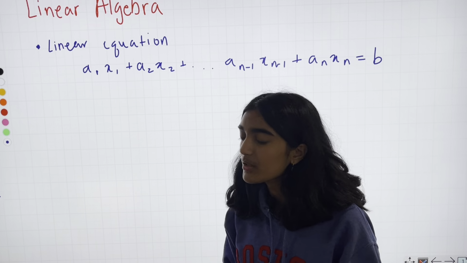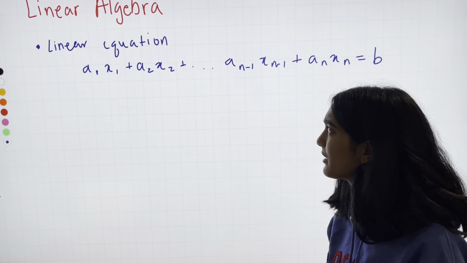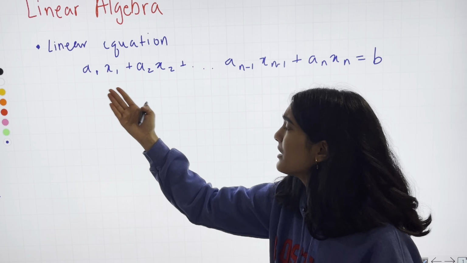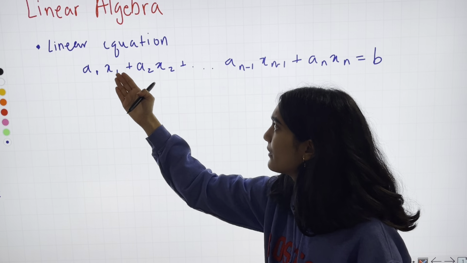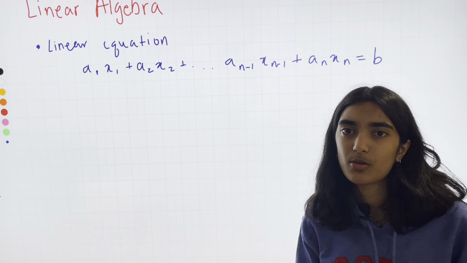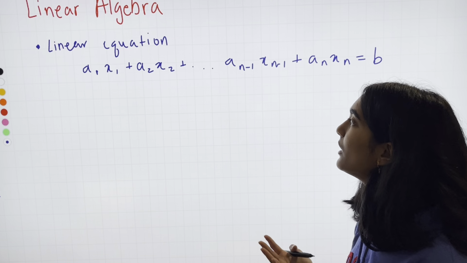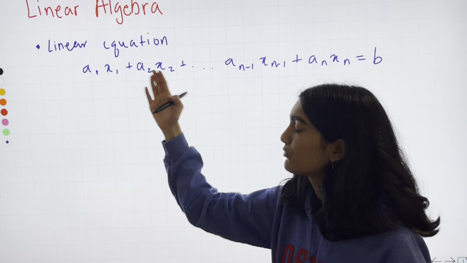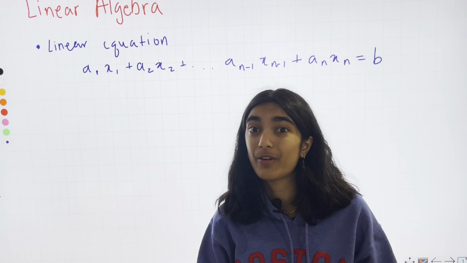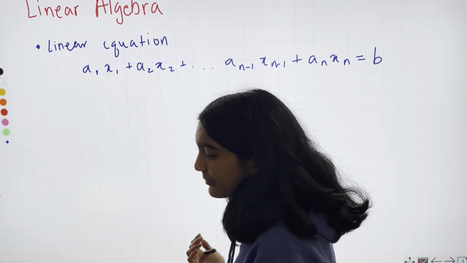Okay? So don't let these subscripts confuse you. These subscripts are just telling you, hey, this is the first term, this is the first coefficient, this is the first variable, this is the second coefficient, this is the second variable, and so on. It's just telling you the position, right? And these all can represent different numbers, like 5, 9, and 13, and things like that. Okay?